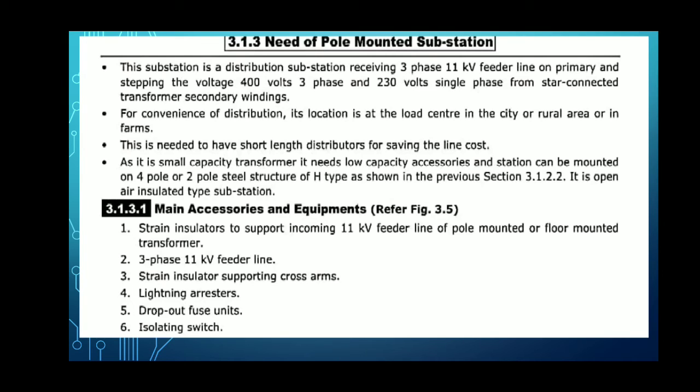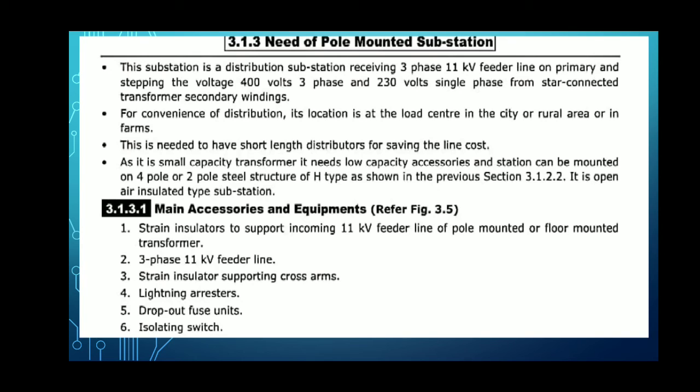Next, we have to see which main accessories and electrical equipment are required for the pole mounted substation. Some essential accessories and equipment are: the strain insulator or support for the incoming 11 kV feeder line, and the pole mounted or floor mounted transformer.